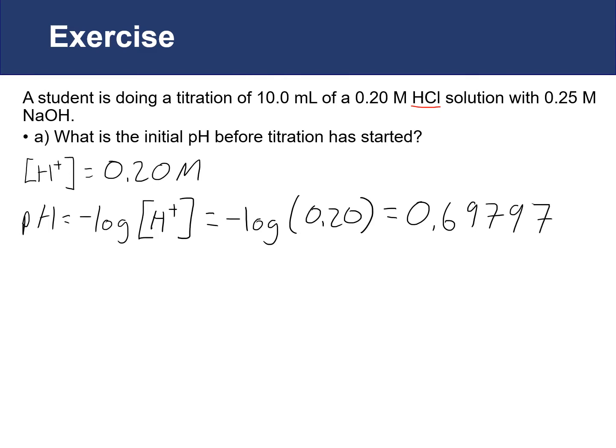In terms of significant figures, we're taking the log of a value that has two significant figures, and so our value will have two decimal places. So our pH is going to be equal to 0.70, right? We're rounding it right there.